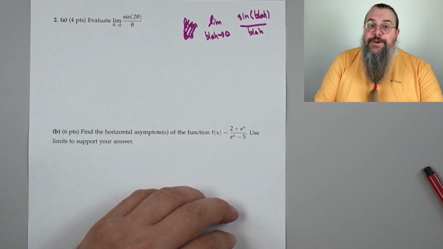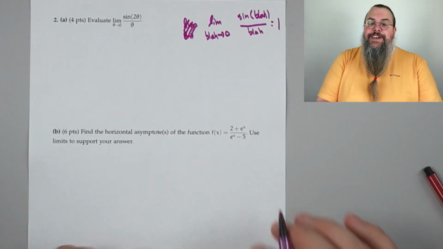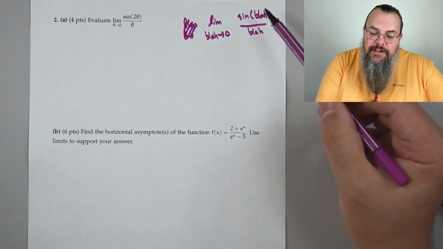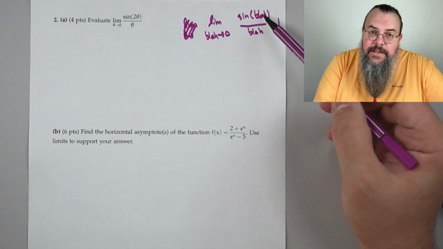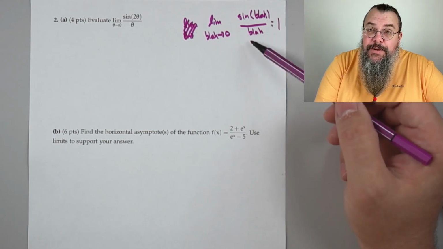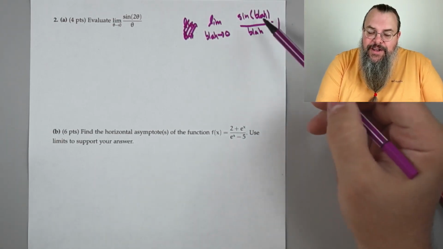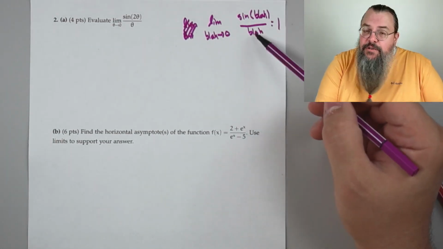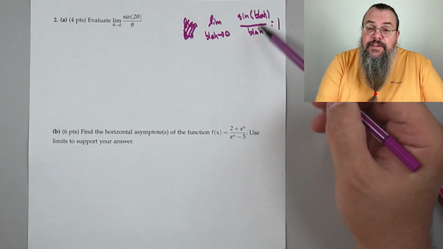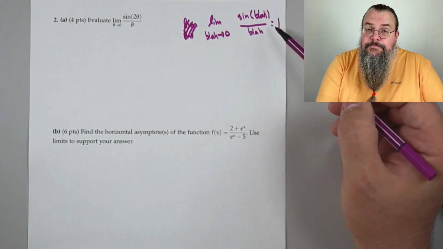All right, what is that? 1. Okay, good. So the key here is if you have sine of something over the same something, so your blahs have to match up. I know you're feeling this is very blasé, but you just go with it. So as long as the inside matches with what's underneath, and it's going to 0, then this goes to 1.